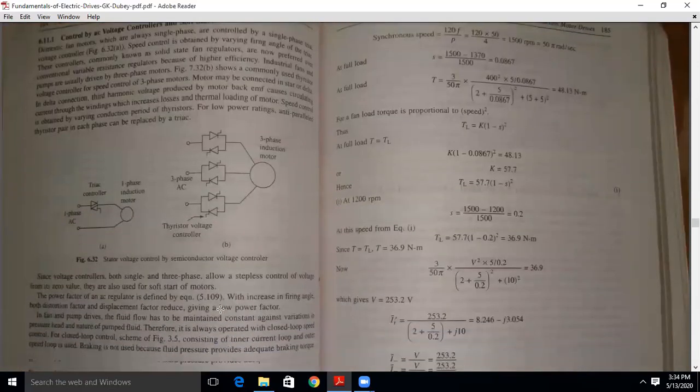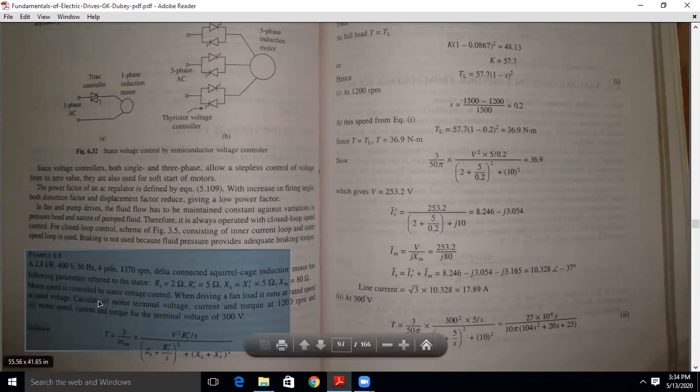Here we can see example 6.8. A 2.8 kilowatt, 400 volt, 50 hertz, 4 pole, 1370 rpm, delta connected squirrel cage induction motor has the following parameters referred to the stator: Rs = Rr' = 2 ohm, Xs = Xr' = 5 ohm, and Xm = 80 ohm.